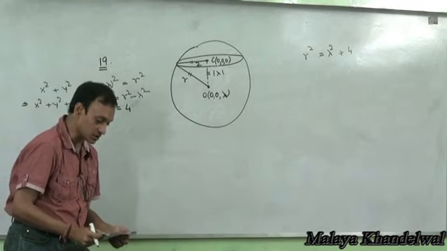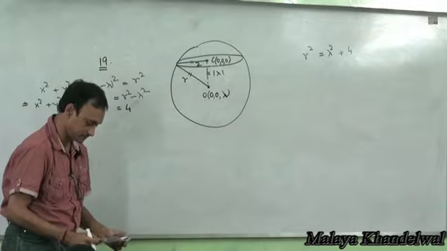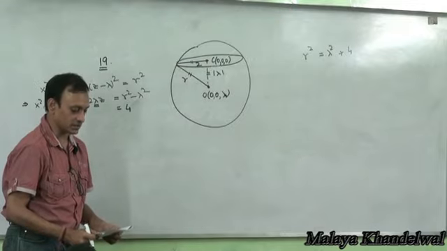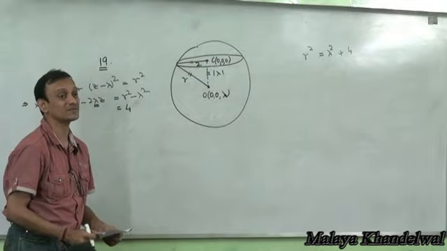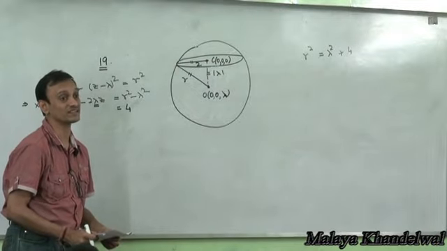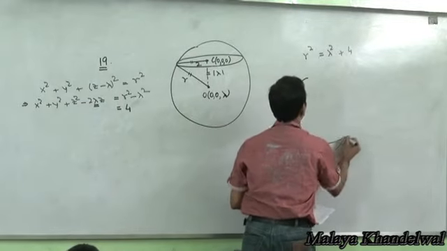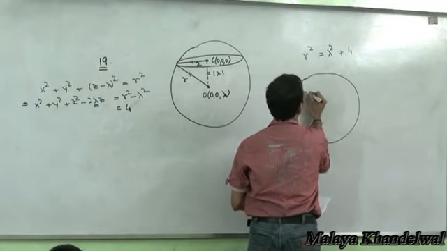Now, there is yet another condition given in the problem. It's cut by the plane in a circle of radius 3. This is a plane.